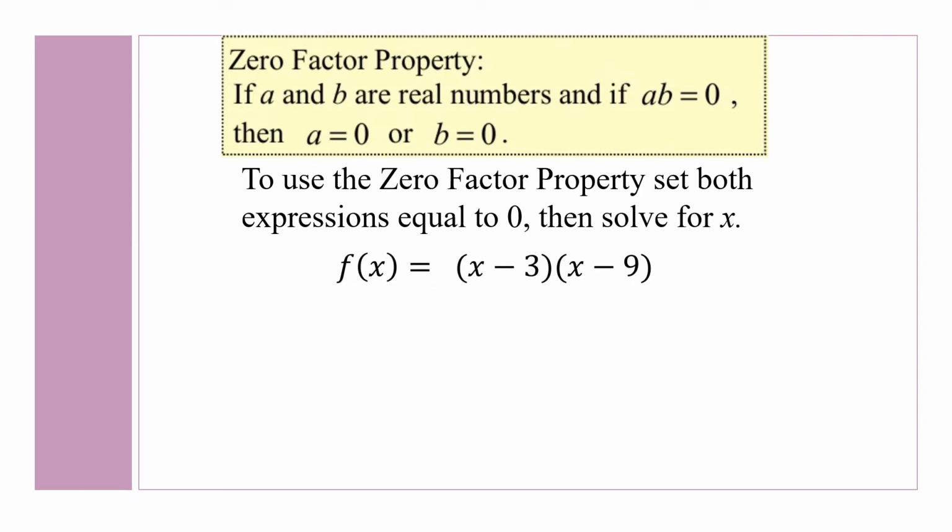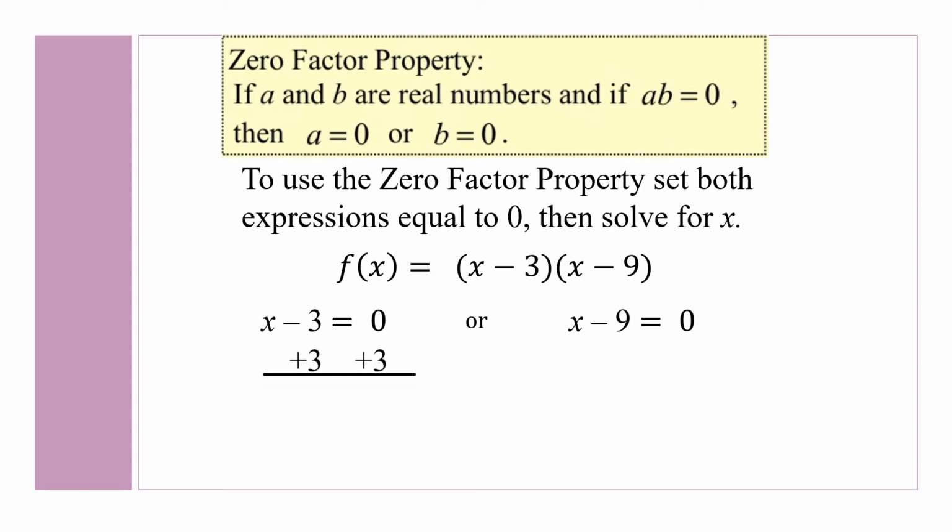In the function f of x equals the quantity of x minus 3 times the quantity of x minus 9, the first thing you're going to do is set x minus 3 and x minus 9 both equal to 0. Once you do that, you're going to solve both of them for x. So x minus 3 equals 0.